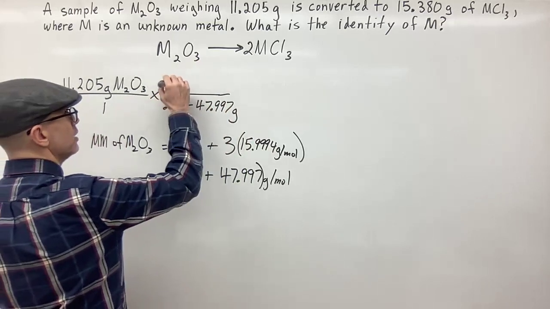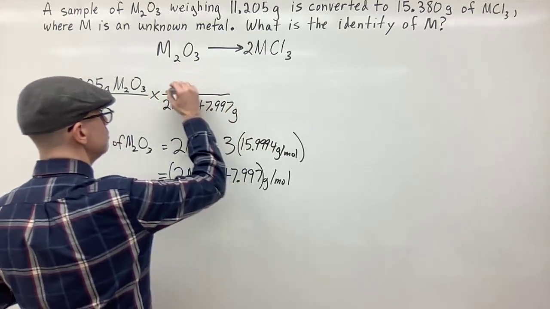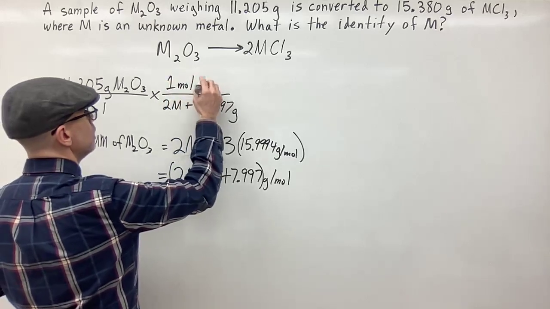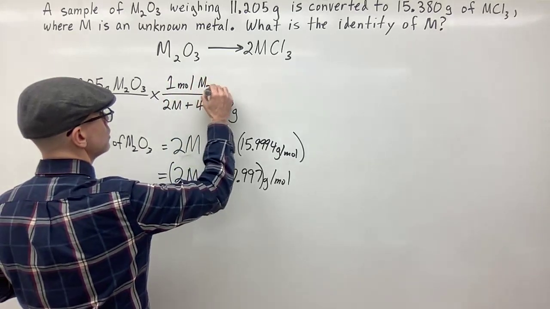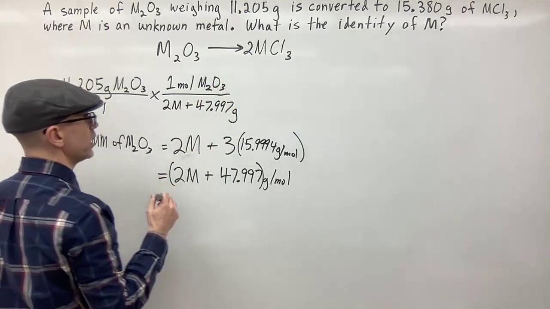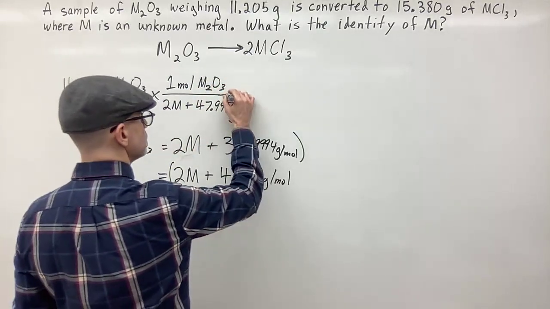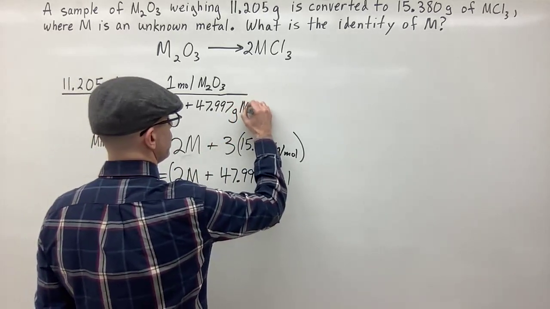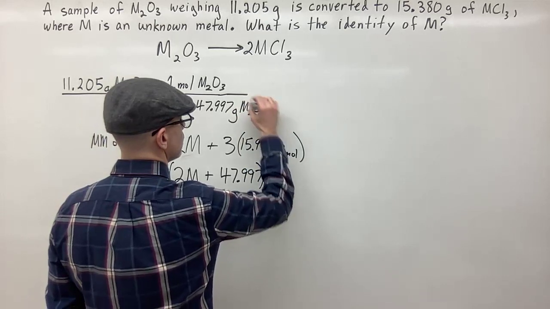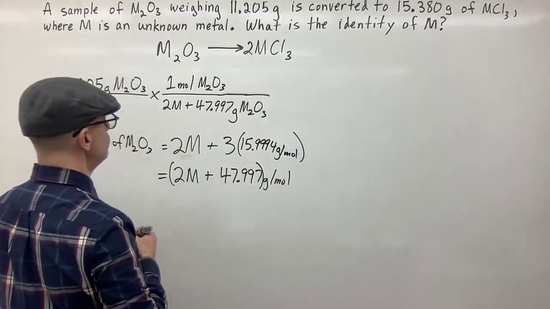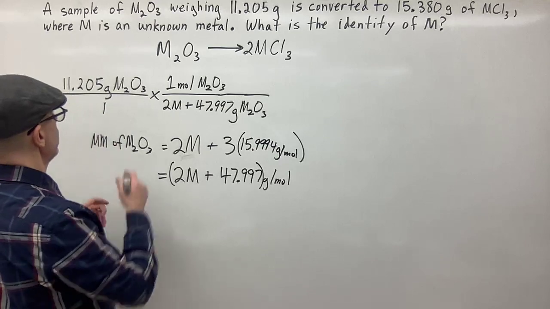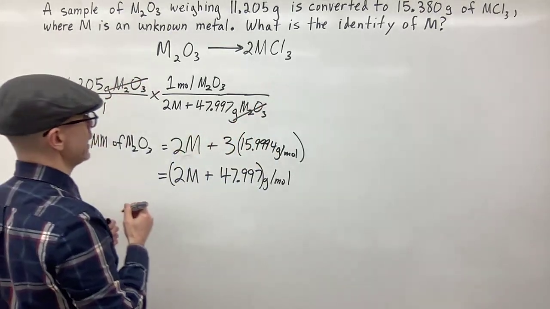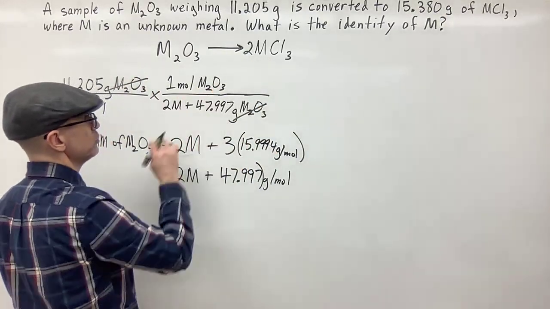And then on the top, it's going to be 1 mole of M2O3. So the grams of M2O3 cancel out. I have moles of M2O3.